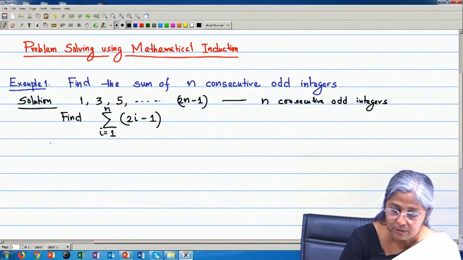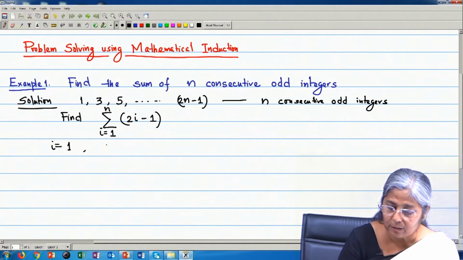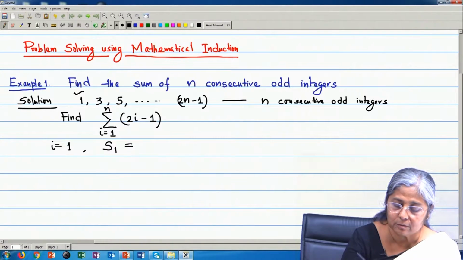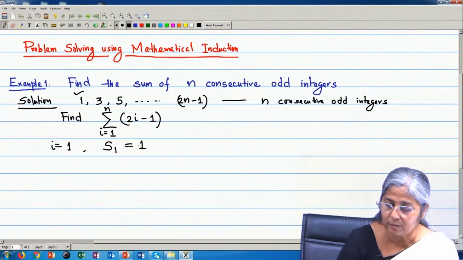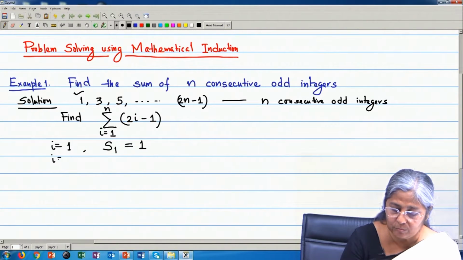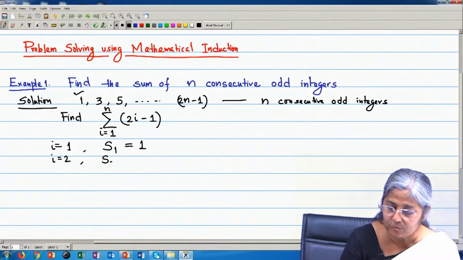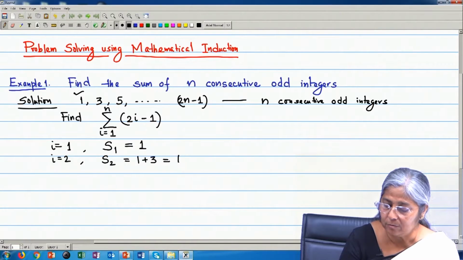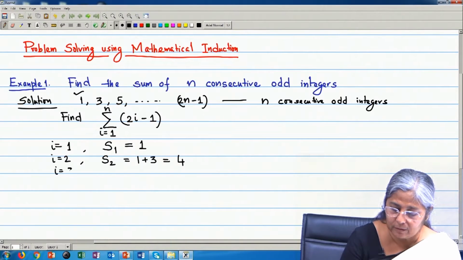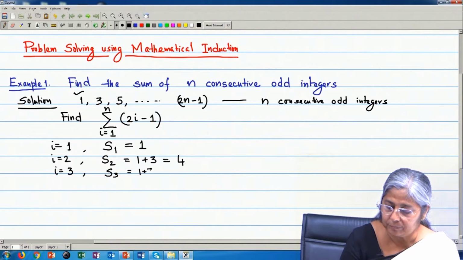Now, if I consider n equal to 1, then the sum S1 is only 1. If n equal to 2, S2 is 1 plus 3 equal to 4. 1 plus 3 plus 5 is 9.